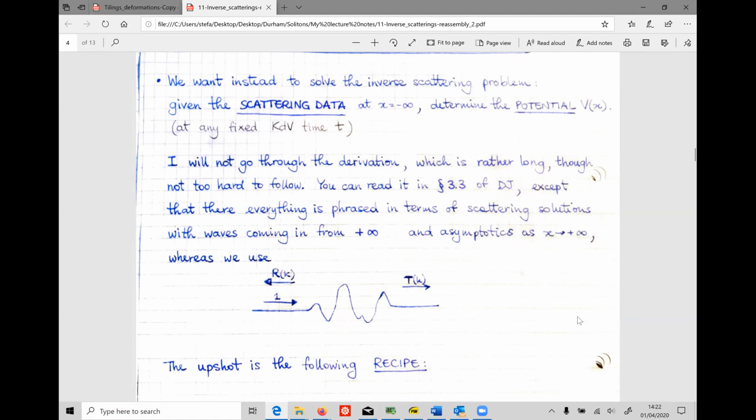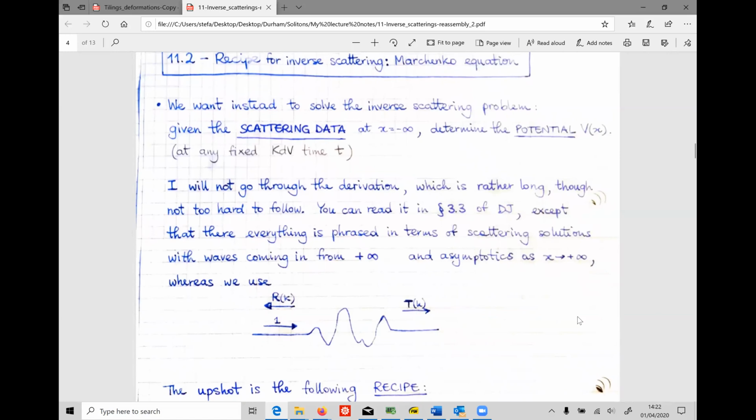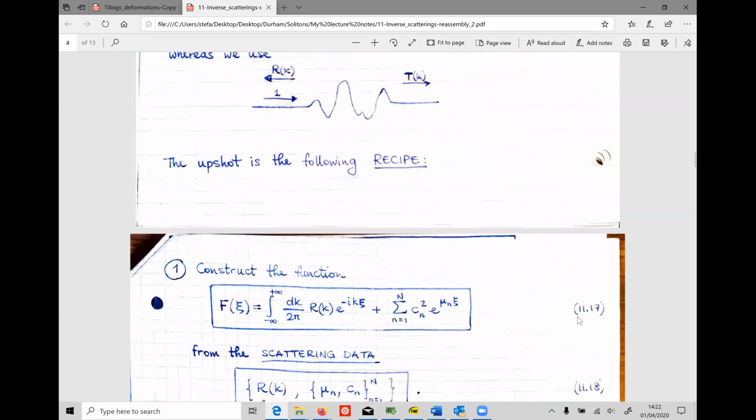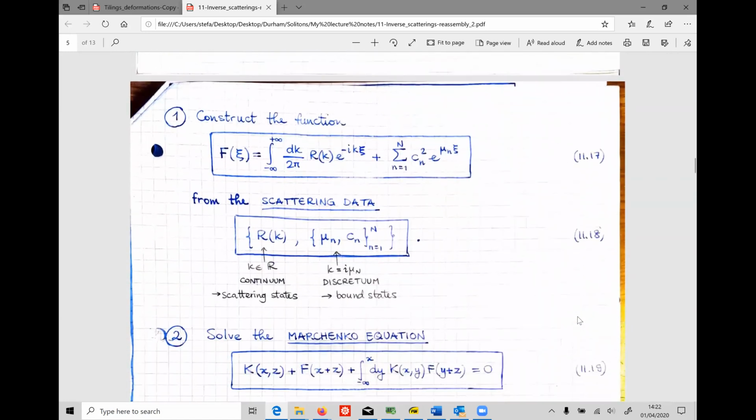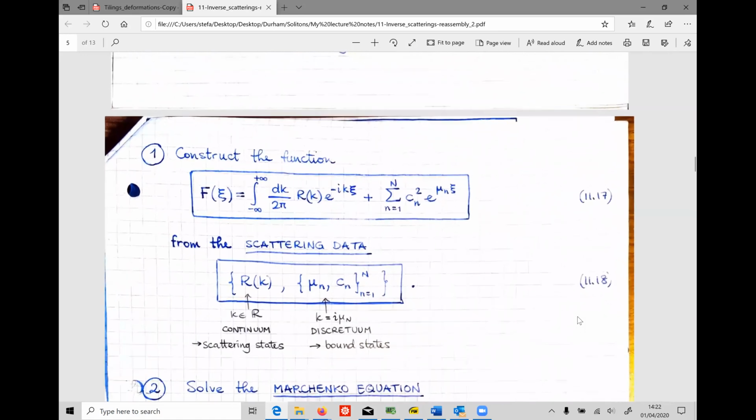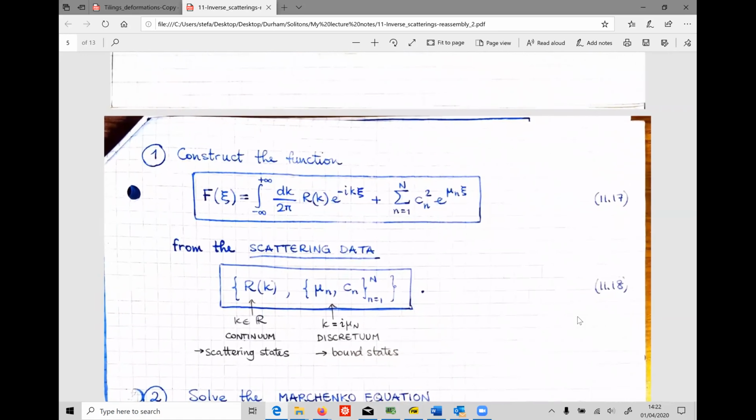The upshot of this recipe is as follows. So it goes in 3 steps. So step 1 is the following.